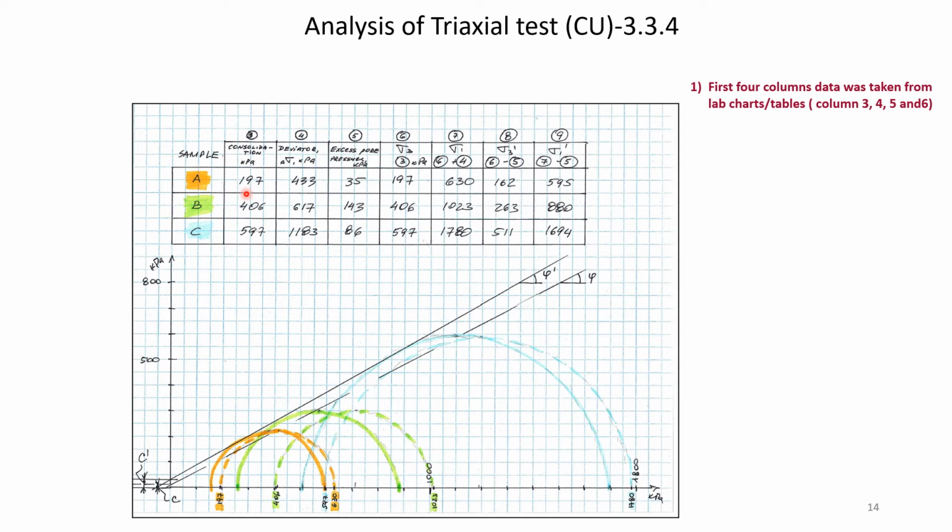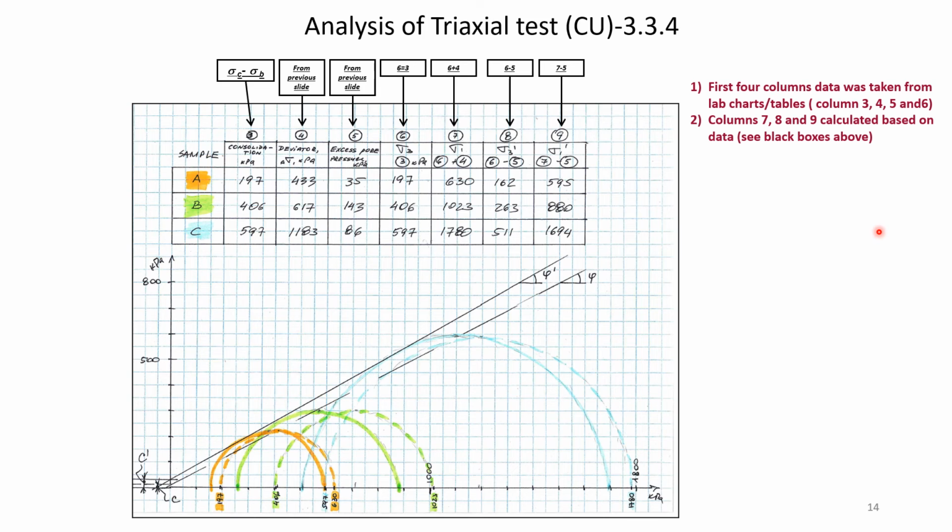It's taken from the previous slide or from the results, because these consolidation parameters are everything from the test results you're taking, and the lab should provide it. Sigma 3 is actually from consolidation. And what does consolidation mean? It's cell pressure minus back pressure. Forget about major and minor. It doesn't exist in the lab.